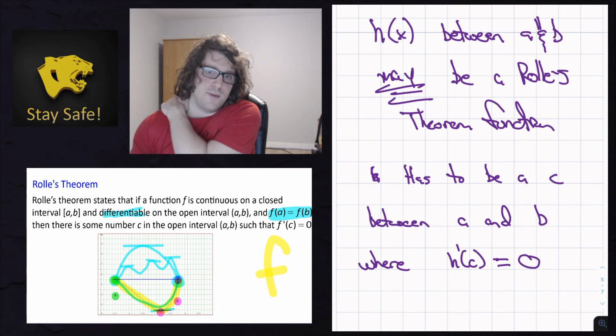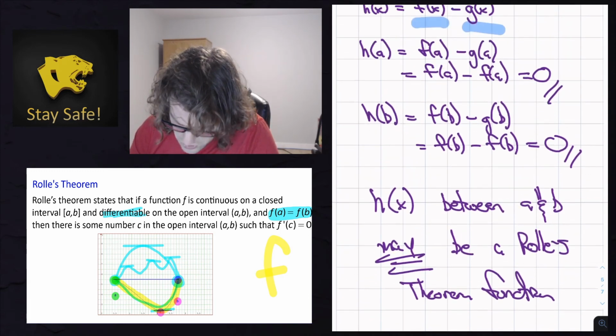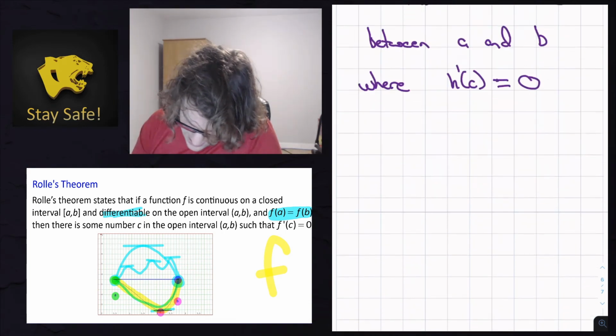So there has to be some c value in between a and b where h prime at c is equal to 0. So let's look at what h is.